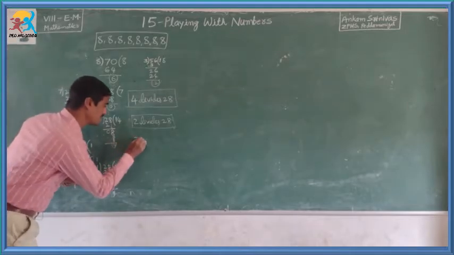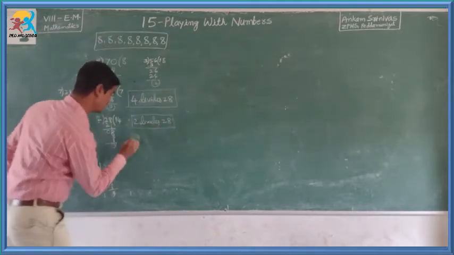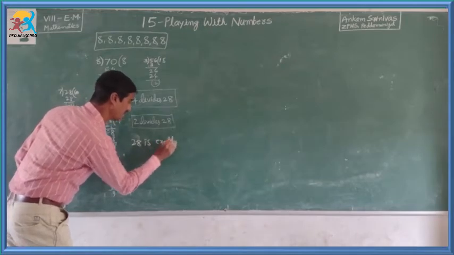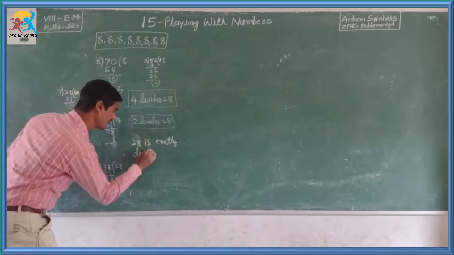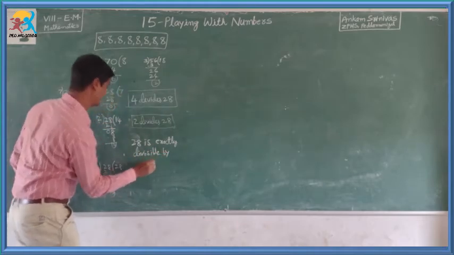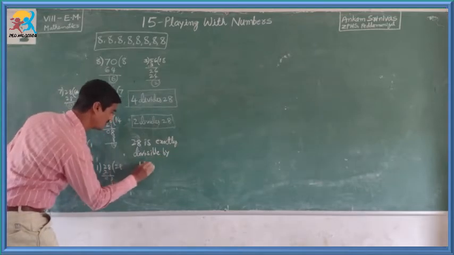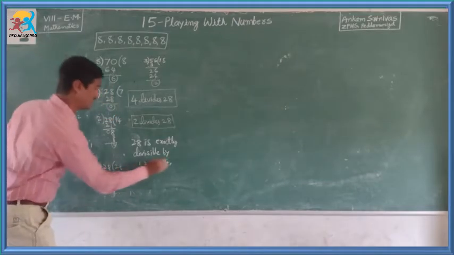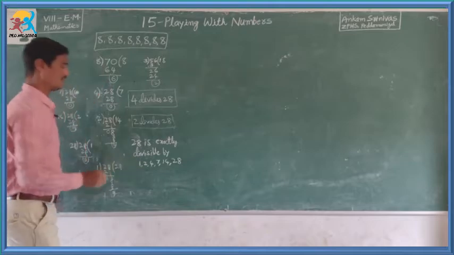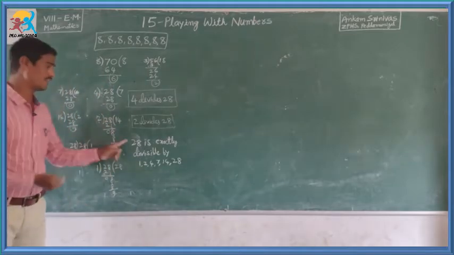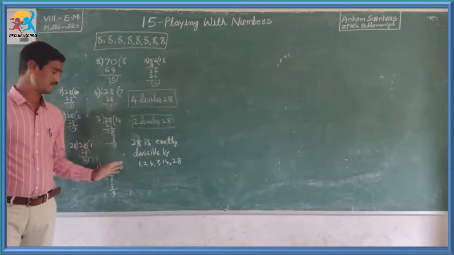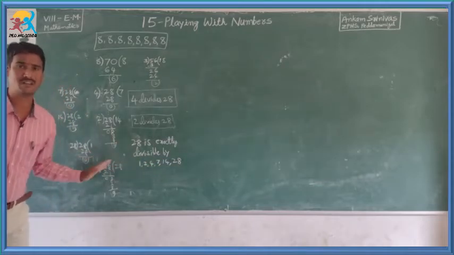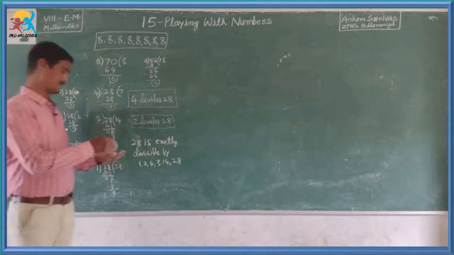So 28 is exactly divisible by 1, 2, 4, 7, 14 and 28. These are called the factors of 28.